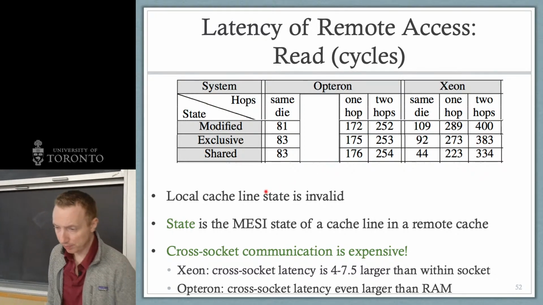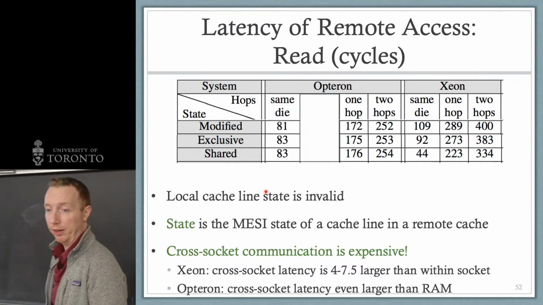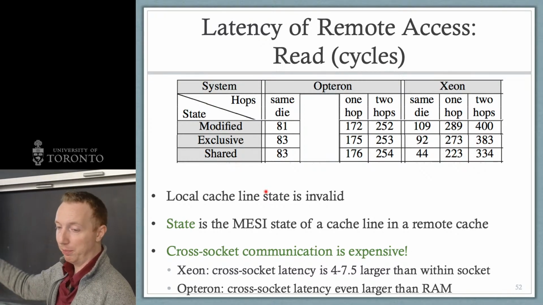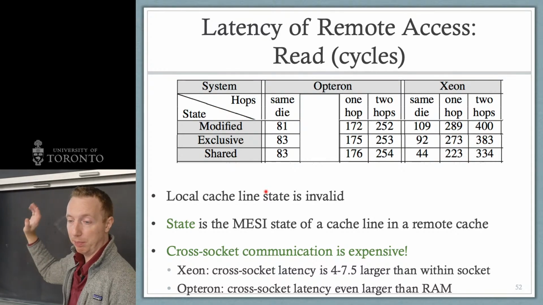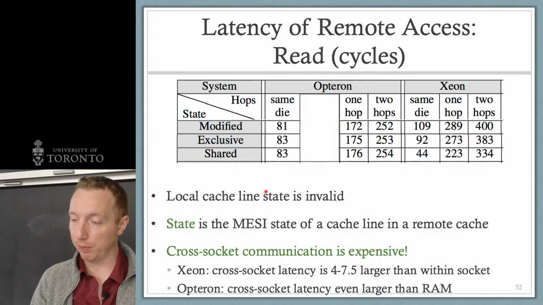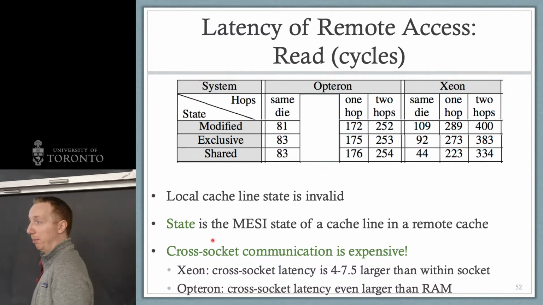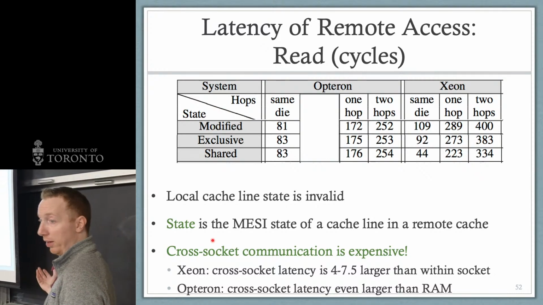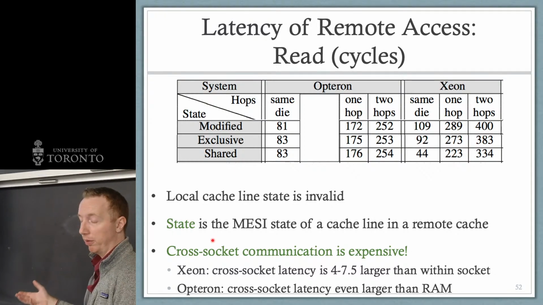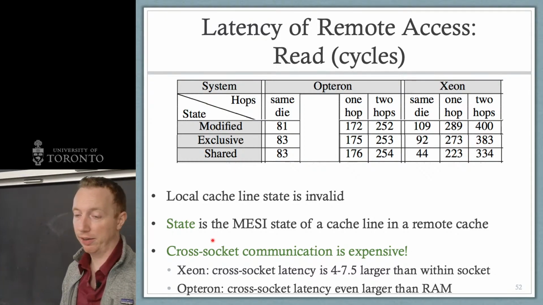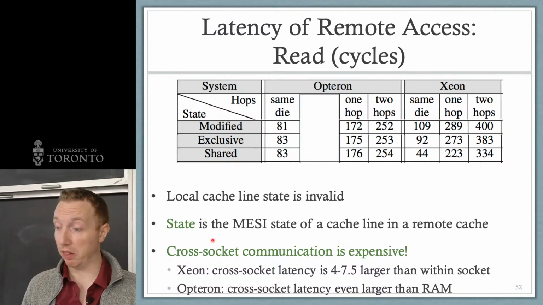So in both cases, the local cache line is going to be invalid. The state is going to be part of that protocol we just went over before. And all of that communication might happen across sockets, has to happen across different cores, and it's going to take a long time.